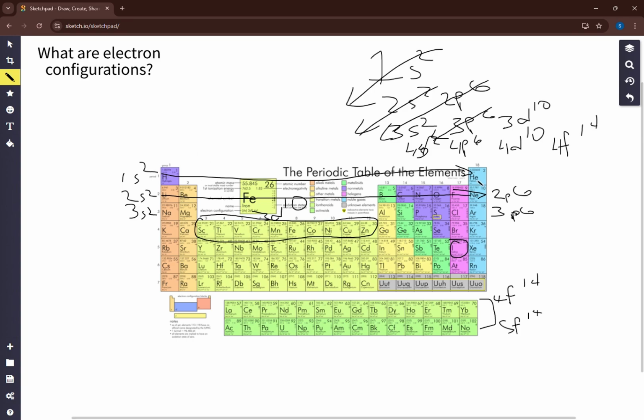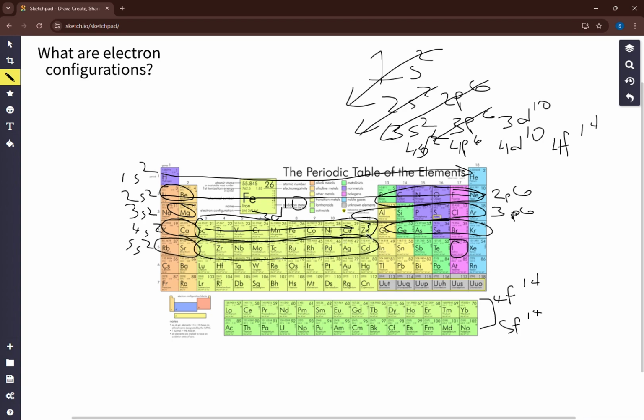I go 1s2, this is 2s2, 2p6, 3s2, 3p6, 4s2, 3d10, remember this is 3d10, 4p6, 5s2, 4d10, this one is 3, so this one is 4, and then 5p6.